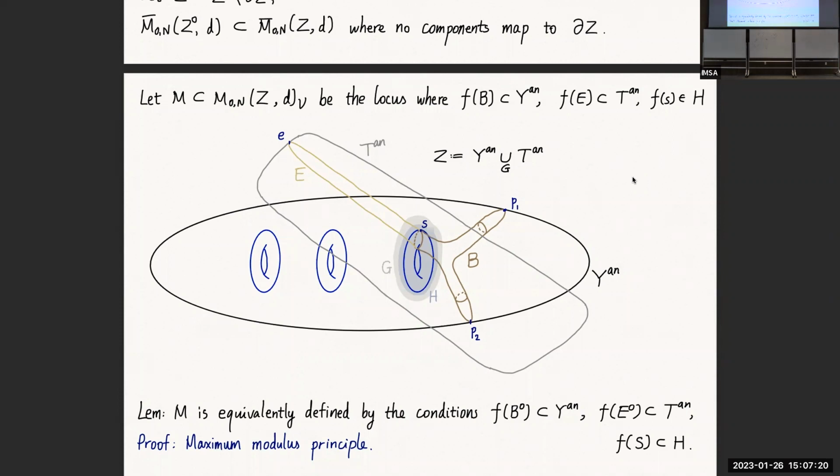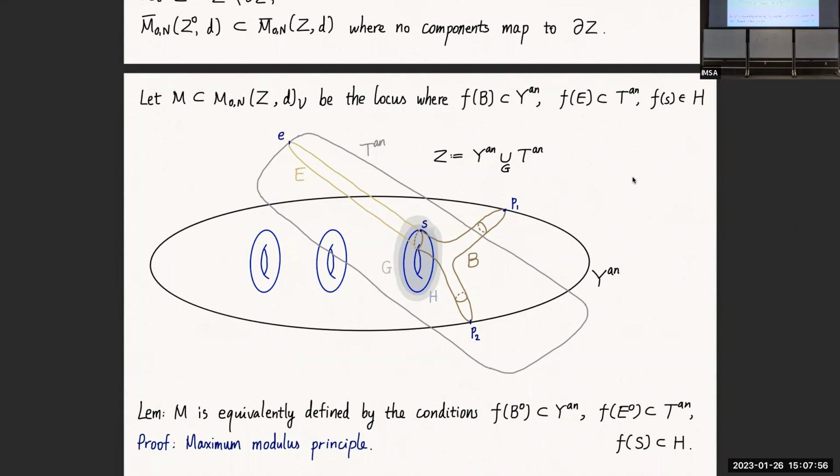It's because the previous condition is B mapping to Y, E mapping to T. So B is a closed disk mapping to Y, and Y is closed in V. When you have a condition that something closed maps to something closed, you can't really say much about the locus satisfying this condition.